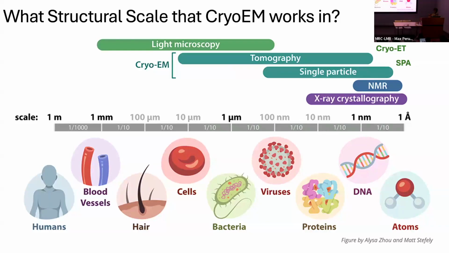What kind of structural scale are we working on? There are so many techniques now that you learn about today. Cryo-EM is these two parts, because there are two main approaches called tomography and single particle. You can see we are at this level. Tomography is just like a light microscope, but with slightly higher resolution, from micron scale, but you cannot go very close to 1 angstrom.